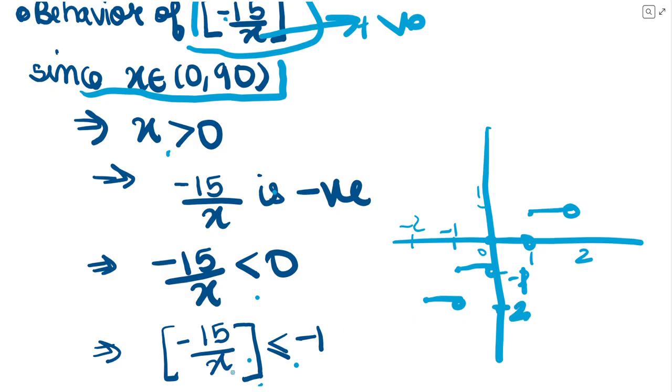So how can we understand this? We are saying that the greatest integer of some function, this is greatest integer of x and this is x, right? It is less than or equal to minus 1. So we can see that our function is less than or equal to minus 1. From here we can see that it is minus 1, minus 2, right?